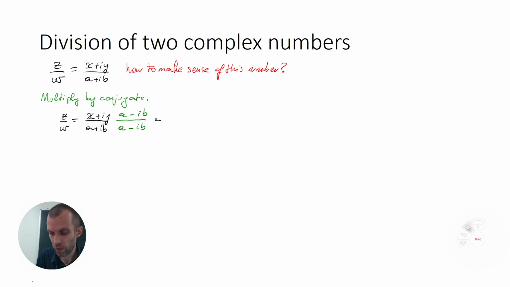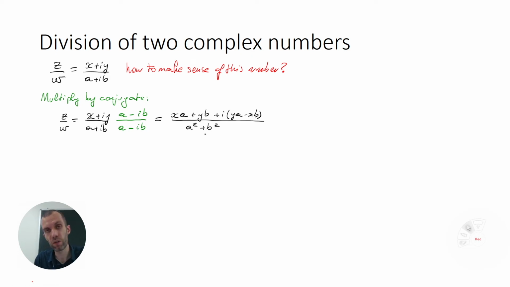And now if we multiply out what the numerator and the denominator are, we get x times a plus y times b, plus i times (ya minus xb), divided by, and here we have complex number times conjugate, that's the modulus squared, so that's a squared plus b squared.